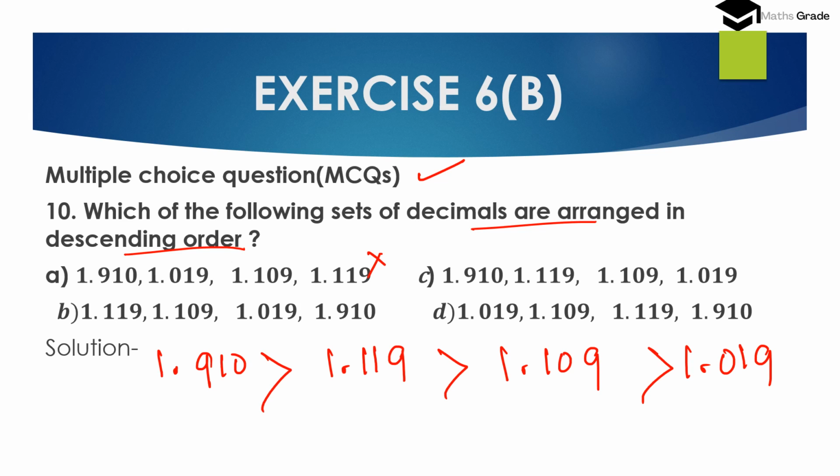In option B, 1.119 is the largest, so this is also incorrect. Option C matches: 1.910, 1.119, 1.109, 1.019, so option C is correct. Option D is also incorrect because 1.019 is not the largest decimal. So option C is the set of decimals arranged in descending order. 1.910 is the largest decimal and 1.019 is the smallest.